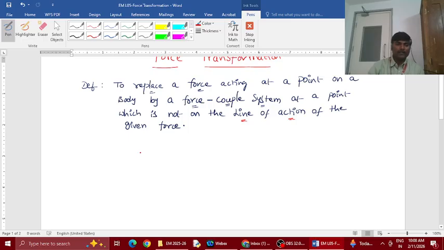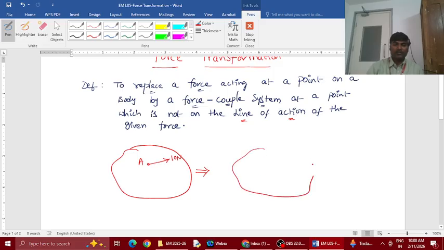I consider a body. Say there is a point A considered. Let us say there is a force of 10 Newton acting at A. Now I shall transform this force to a force couple system.